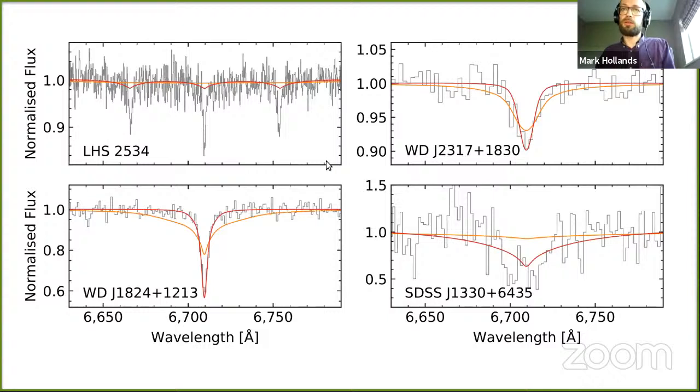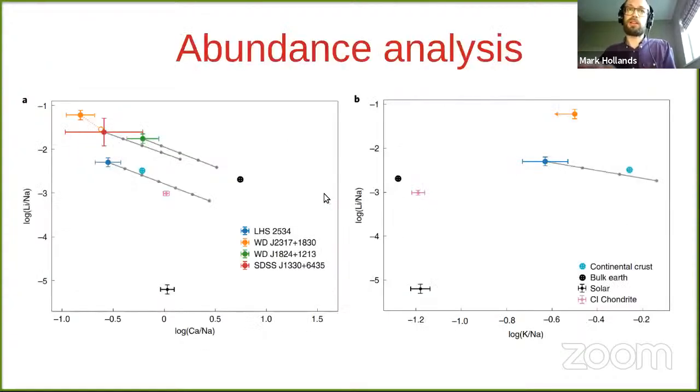But for the two objects with mostly helium in the atmosphere, we were still not able to fully reproduce the line shape, although we were able to fit the equivalent widths of the lines. And so that brings us now onto our abundance analysis and how we found that compares with different types of planetary objects.